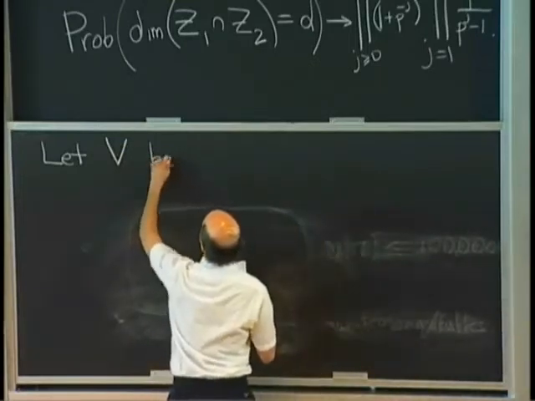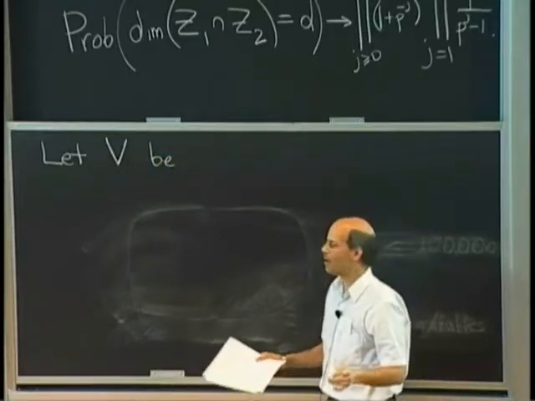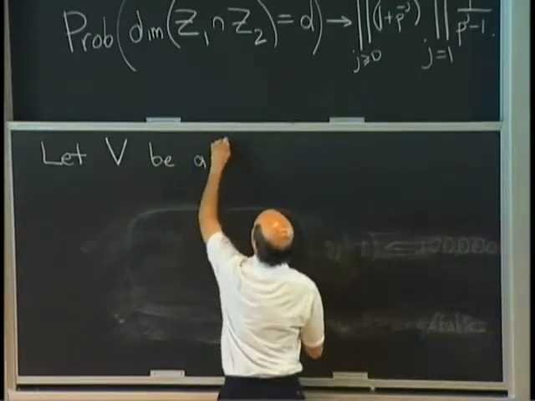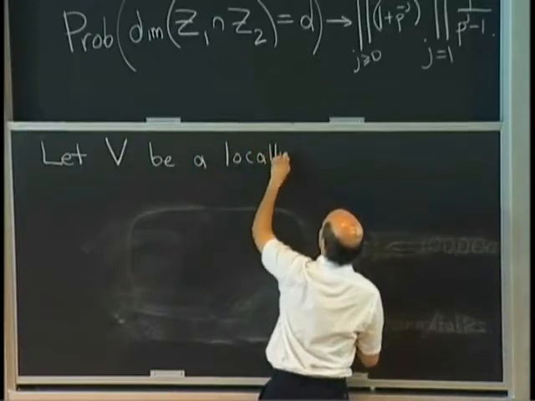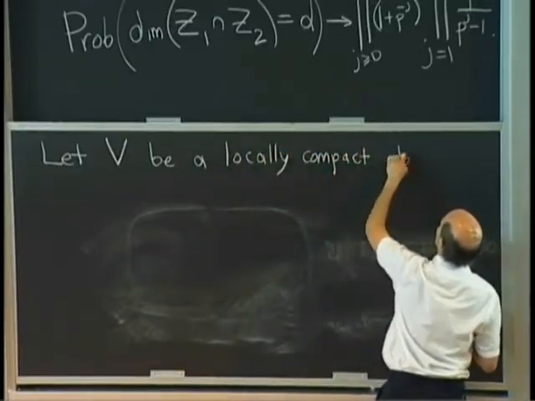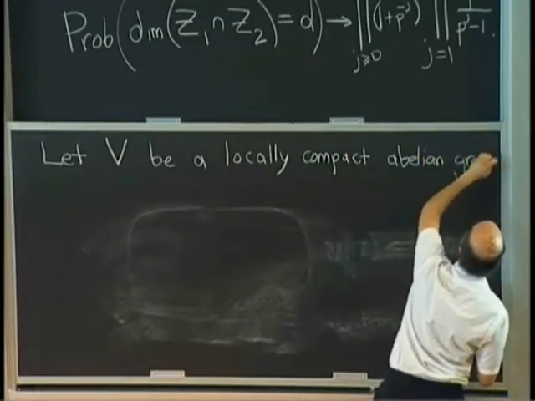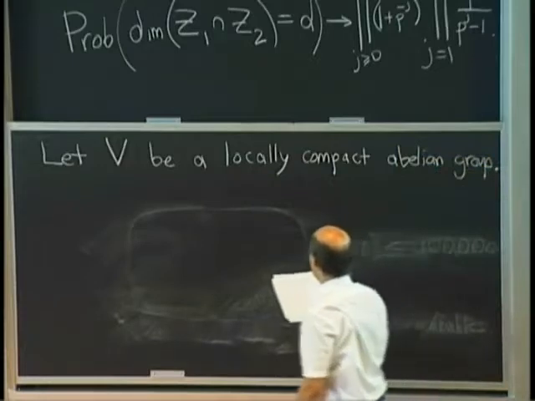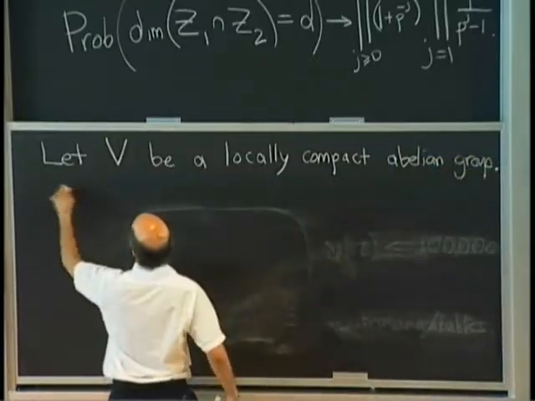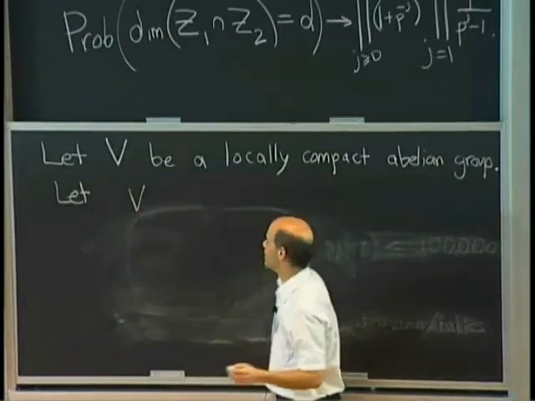So the natural thing to do is to equip this infinite dimensional vector space with a topology, and in particular to make it a locally compact abelian group. So actually, I can generalize not just to F_p vector spaces, but let me just talk about all such groups for a second. There's a nice theory of Pontryagin duality for these.